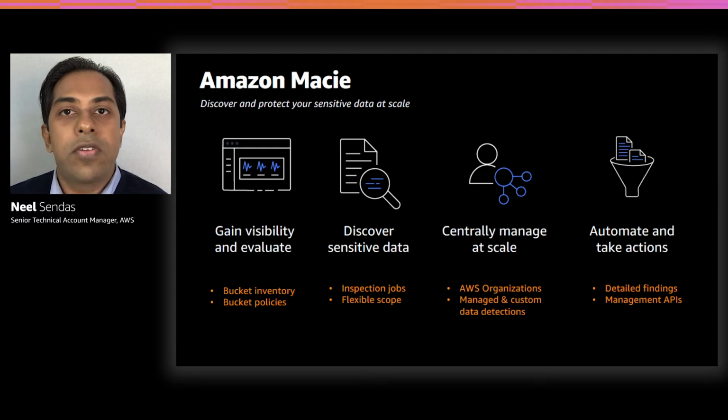Additionally, Macie also allows customers to define custom data identifiers so that they can detect patterns which might be unique to their business. The final theme is around automation. Macie supports a fully managed API interface that allows customers to automate workflows and take actions on discovered data.